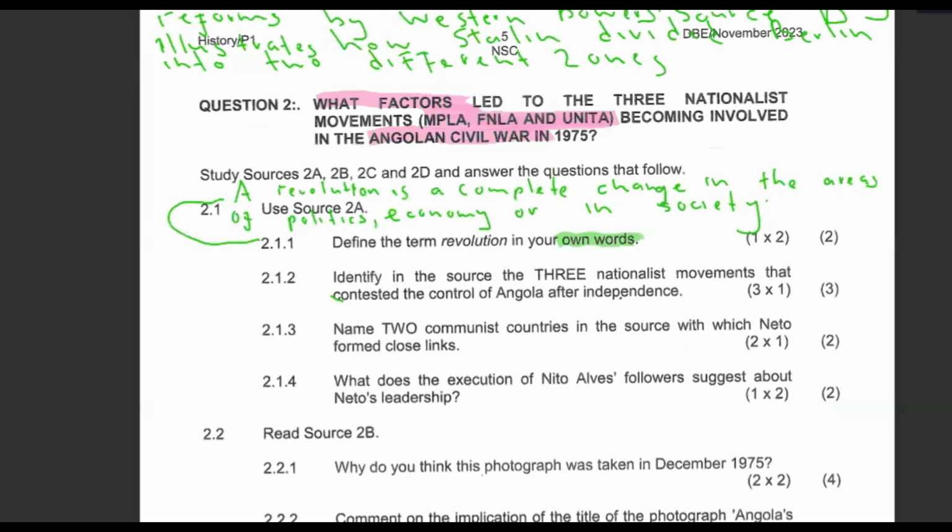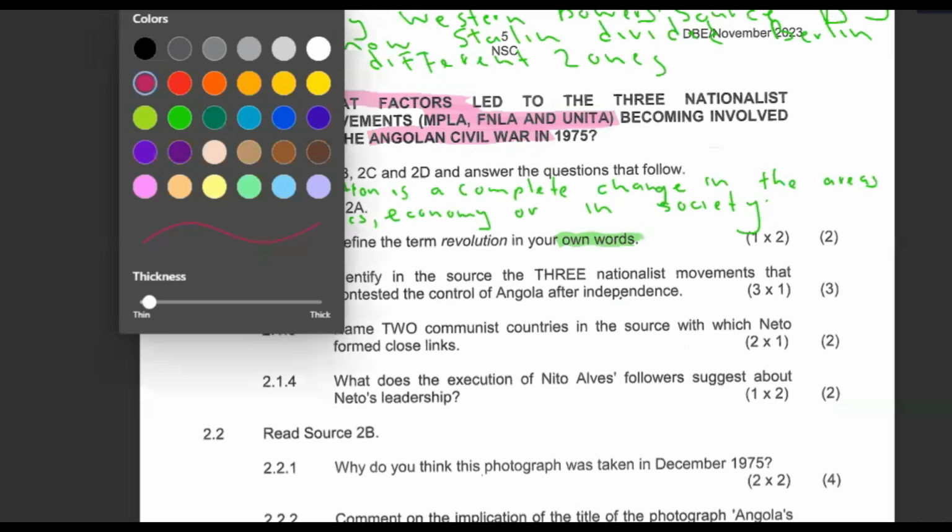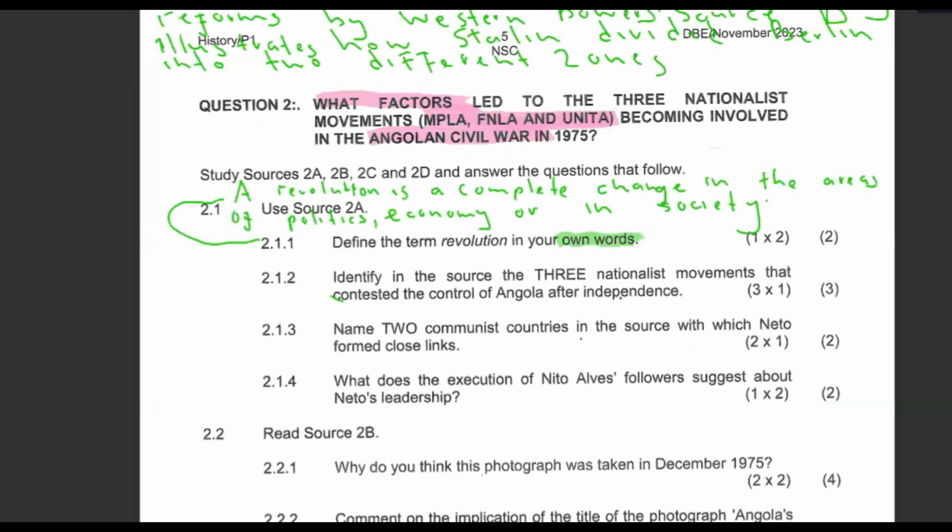I'm going to transfer them, and I'm also going to write them on the question paper. So the first one, we are saying it was MPLA. We are going to abbreviate them so that they can fit. Then the second one, it's UNITA, and FNLA.